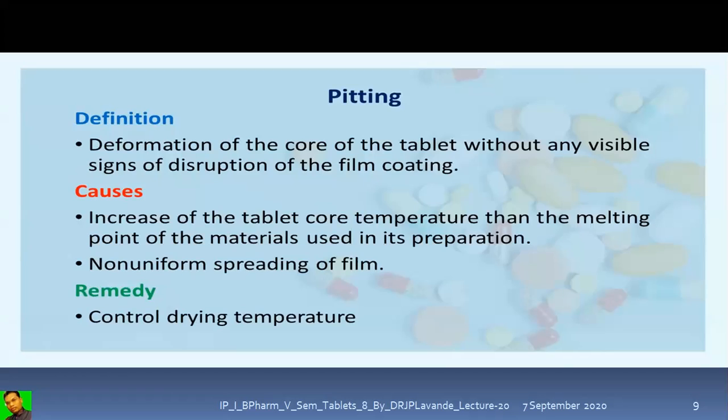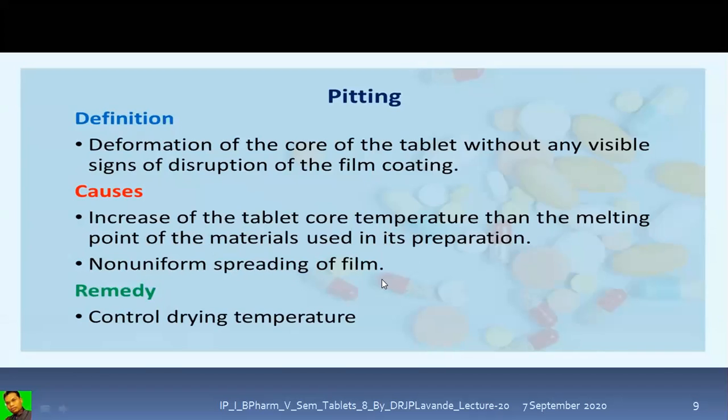Now, what are the causes? An increase of the tablet core temperature beyond the melting point of the material used in its preparation. Whatever the melting point of the polymer material we are using, if the temperature of the tablet core increases beyond that, it will cause pitting.